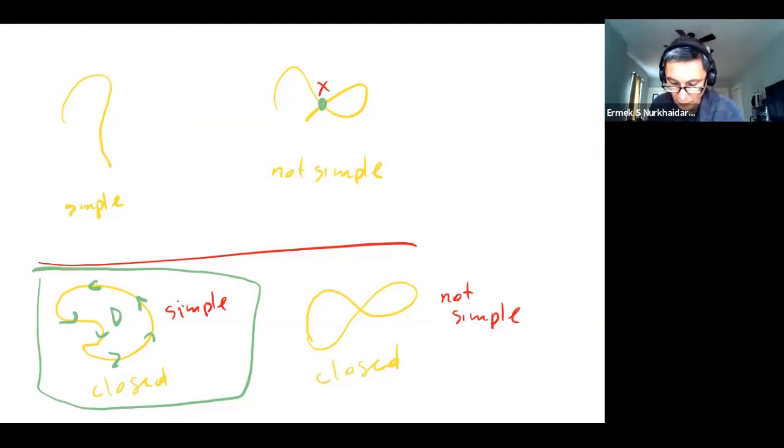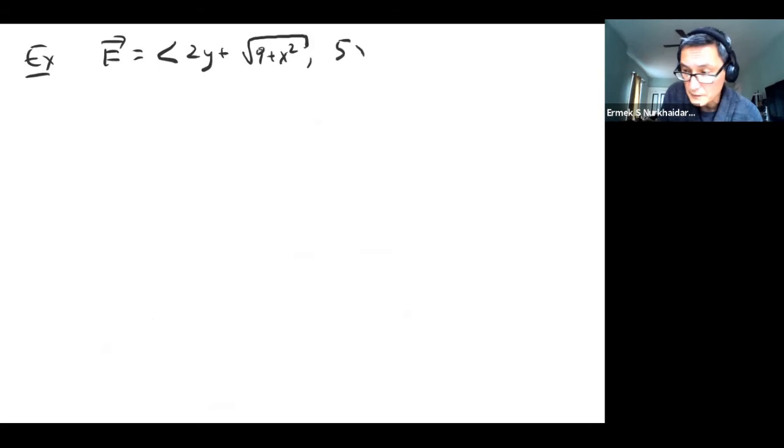Okay, let me write down an example. F equals (2y plus square root of 9 plus x squared, 5x plus e raised to arctangent y).